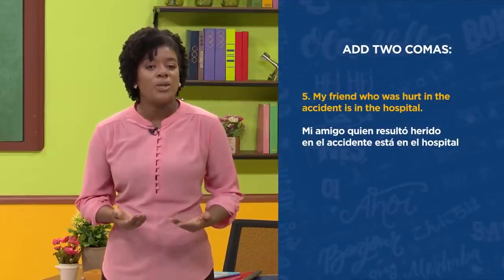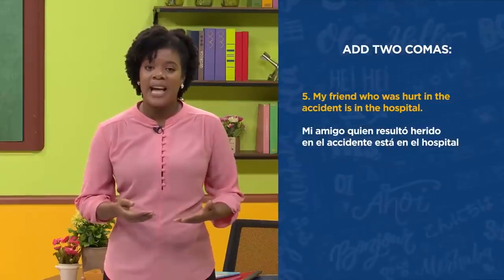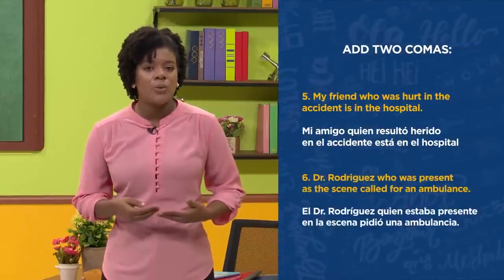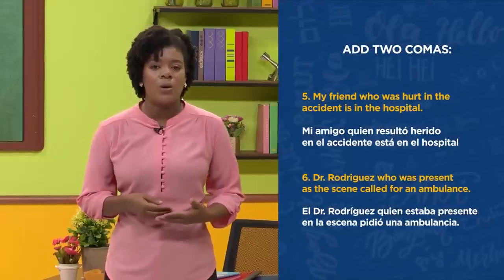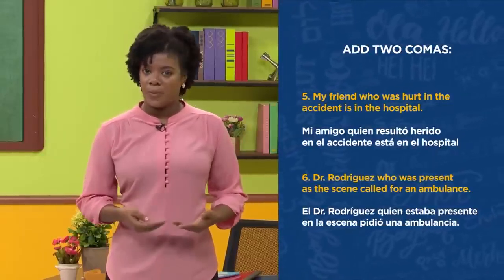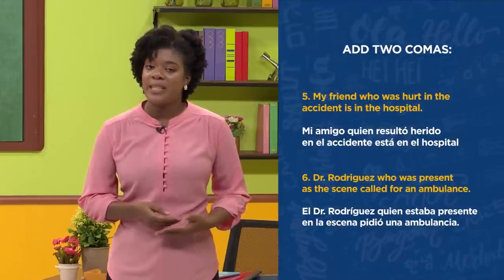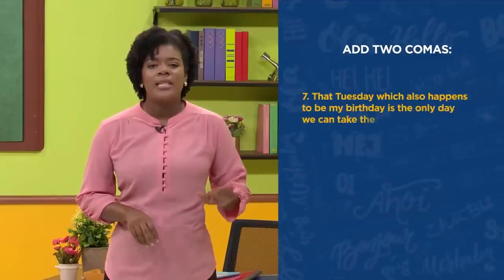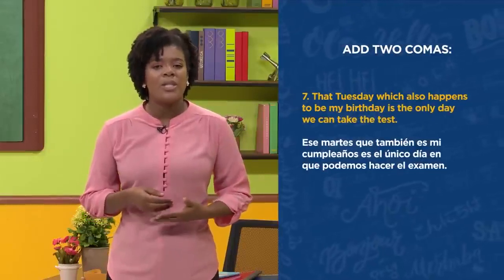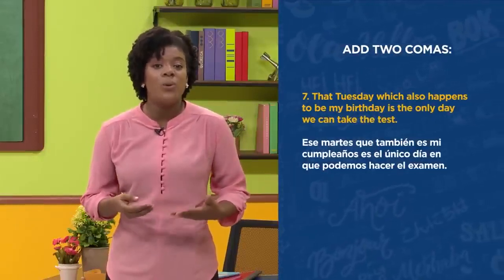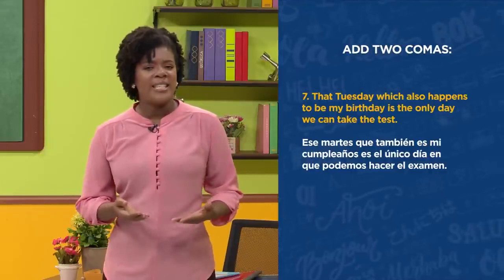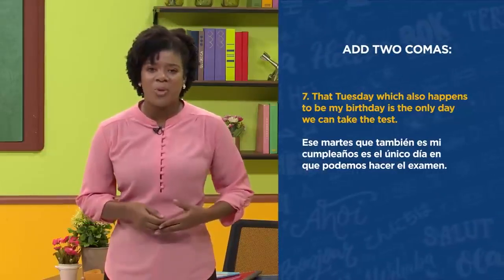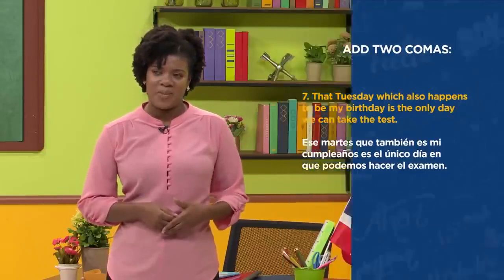Mi amigo, que resultó herido en el accidente, está en el hospital. 6. Dr. Rodriguez, who was present at the scene, called for an ambulance. El doctor Rodríguez, quien estaba presente en la escena, pidió una ambulancia. 7. That Tuesday, which also happens to be my birthday, is the only day we can take the test. Ese martes, que también es mi cumpleaños, es el único día en que podemos hacer el examen.